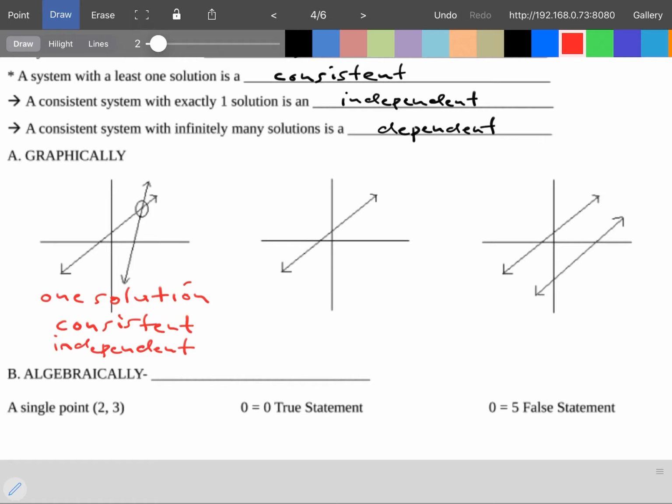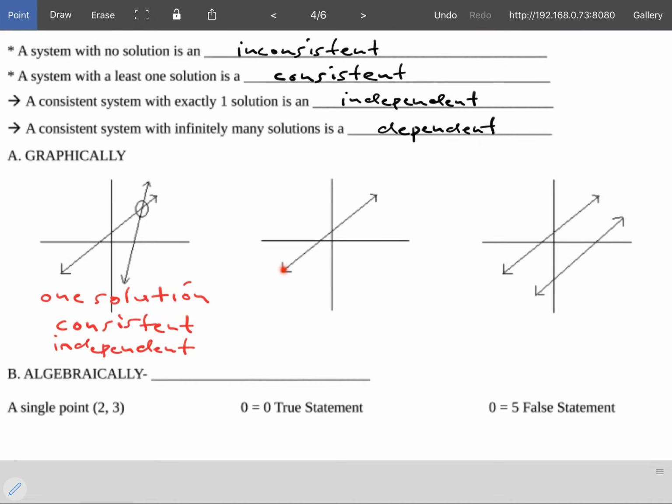Then the next case, the case in the middle there graphically, looks like it's only one line, but actually that is the system graphed already. What they did is they graphed the solutions for the first equation, and then the solutions for the second equation, and it was the same line. So the two lines are right on top of each other. It looks like there's only one there, but there's actually two. So maybe I'll do this for you guys.